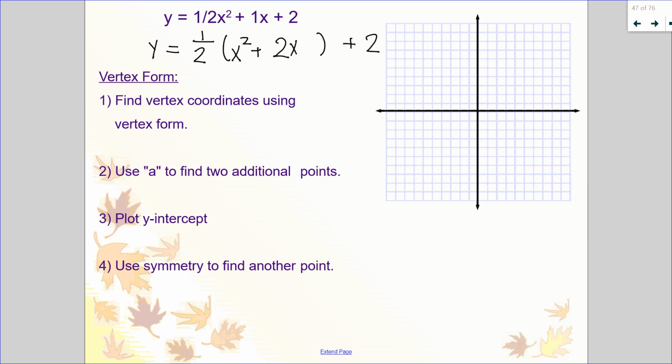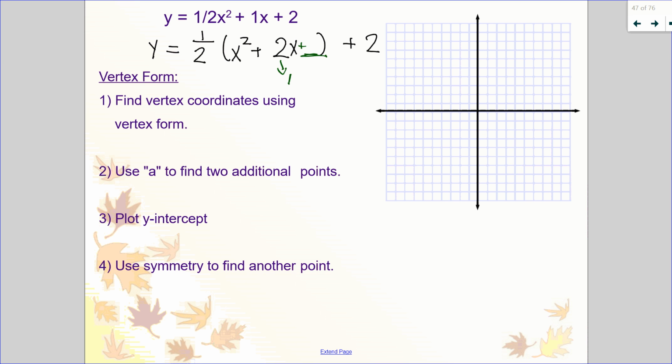So what I'm going to do is add a number on the inside of this parentheses that will complete the square. And this is a skill we had to do when we were solving quadratics, so it ties together nicely. So remember, to complete the square, I had to have this number and then square it. So when I halved it, I would get 1.